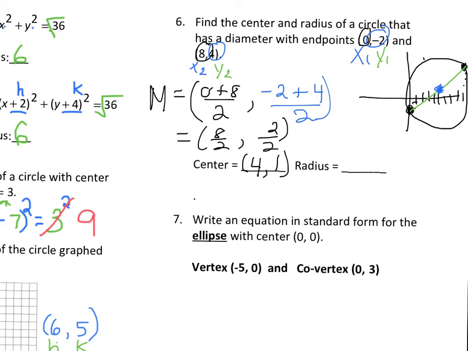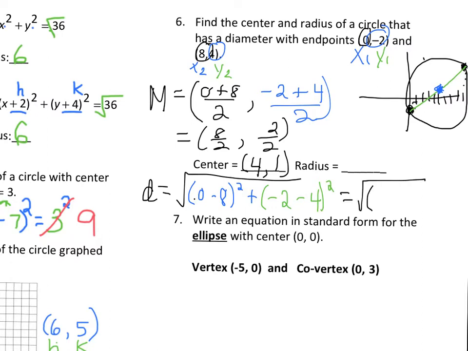Great. Now we just have to find the radius. So let's do that distance formula. We'll take the x's and subtract them. So we're going to take 0 minus 8, square it. We're going to take the y's and subtract them: -2 minus 4. And simplify.